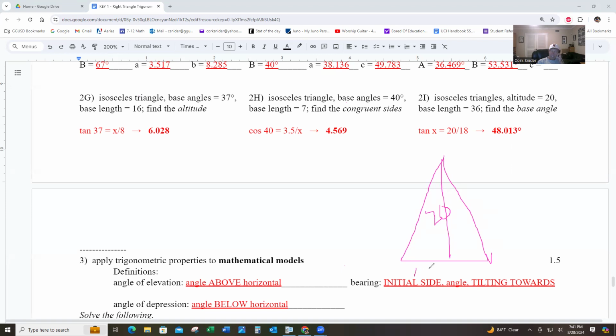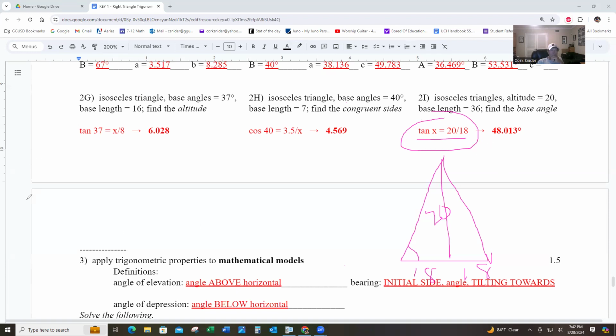That means this is 18 and this is 18. Find the base angle right there. So this angle, tangent of x, will be the tangent of some angle will be the opposite 20 over 18. You see that right here. So you're going to type this in your calculator. I'll do this one for you. The inverse.